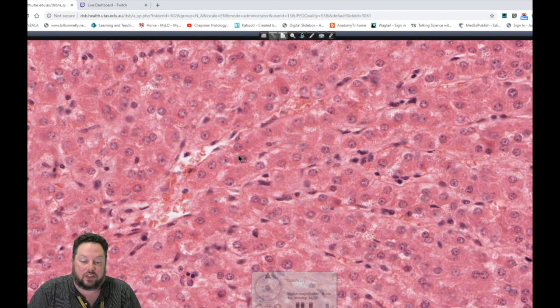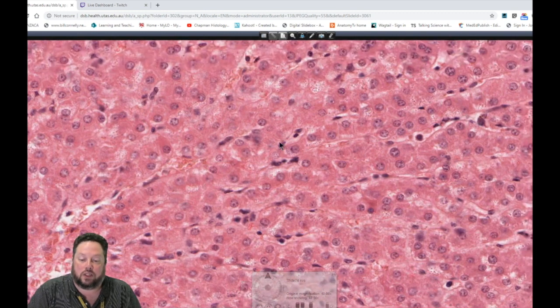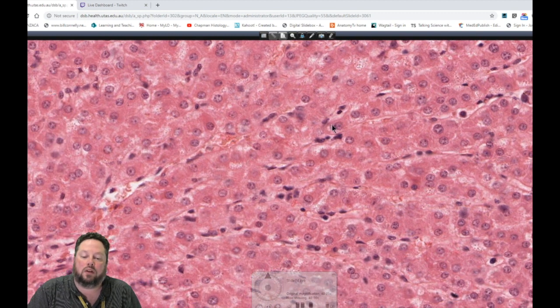So these are the hepatocytes, the nice round nuclei. They've got the little prominent nucleolus, and then the eosinophilic cytoplasm. Now, the darker cells which we see are either going to be part of the endothelial lining, so these are the endothelial cells, or the darker stained, rounder ones are going to be one of two cell types.